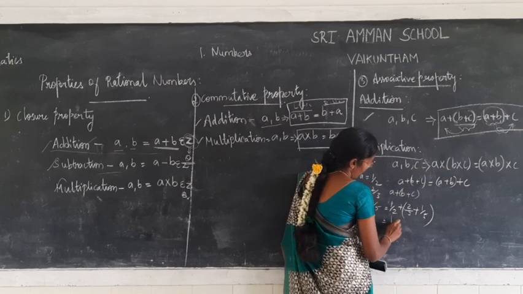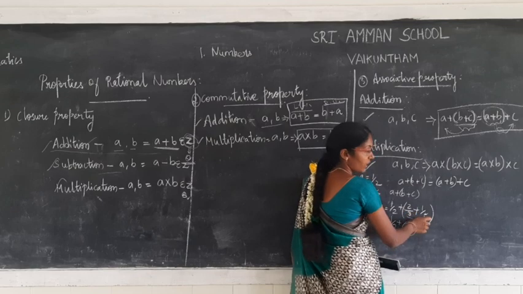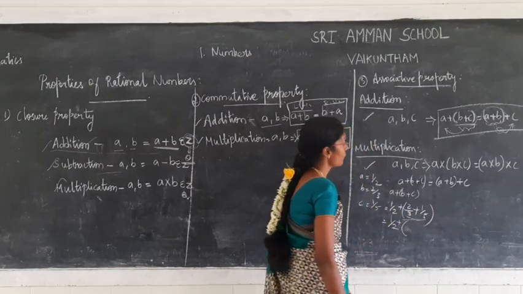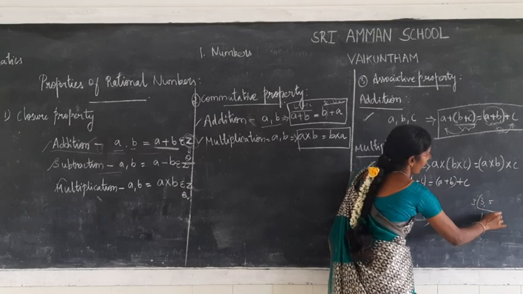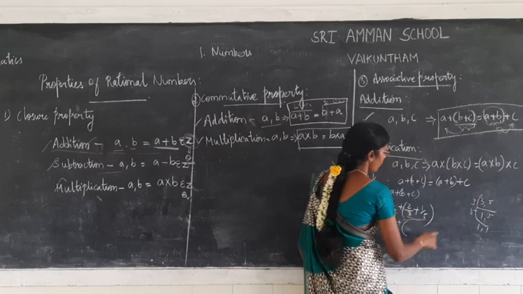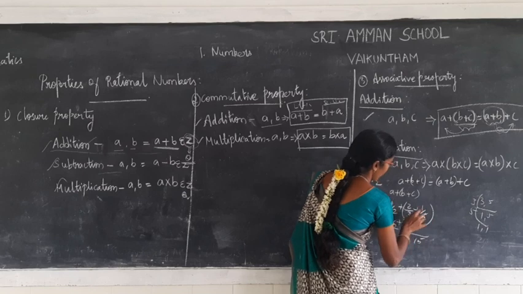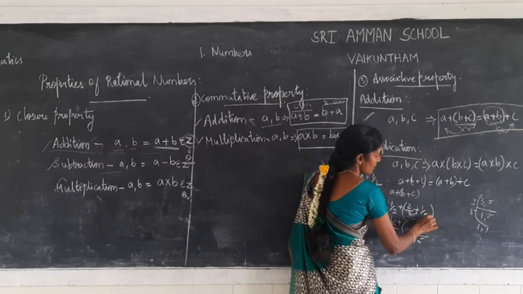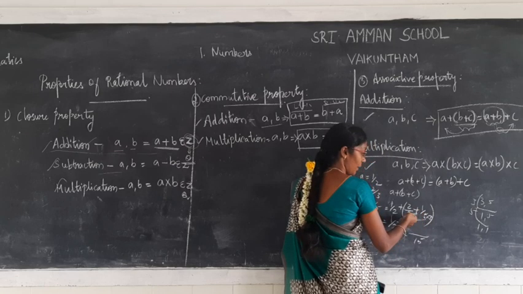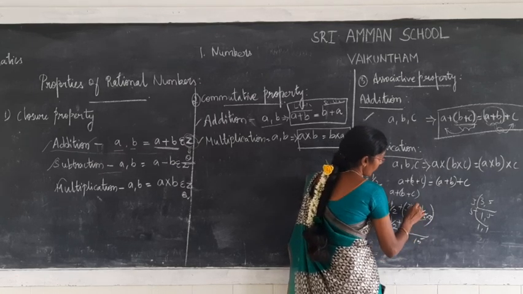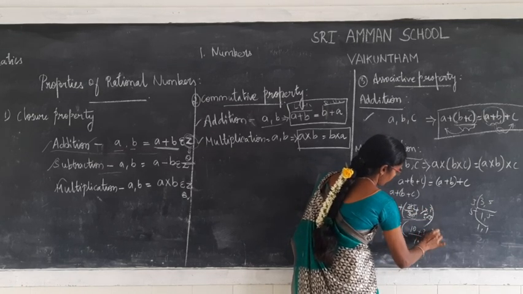The denominators differ, so you have to take LCM. 3 and 5, the LCM is 15. 3 5s are 15, and 5 3s are 15. Whatever number is multiplied in the denominator is multiplied in the numerator also. So here 5, here 3. 2 5s are 10 plus 1 3 is 3.